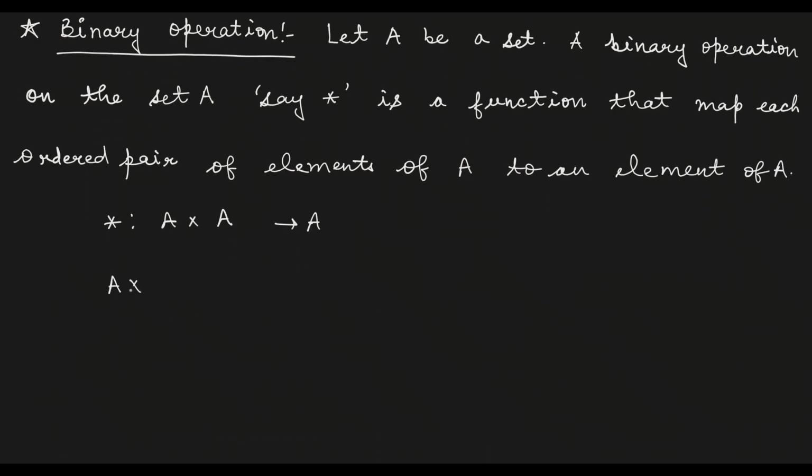This Cartesian product will have elements like the ordered pair (a, b) such that a, b belongs to A. And moreover, we will be interested in only non-empty sets.